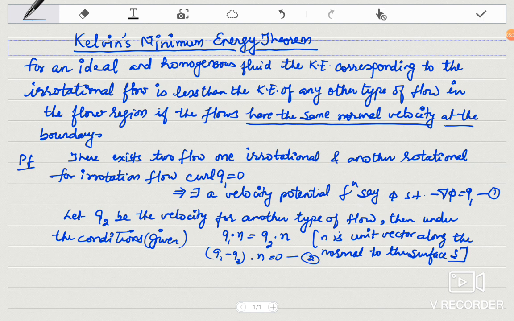And now the third one: what is the equation of continuity? These will be two equations, one for irrotational flow and one for rotational. So the equation of continuity is delta dot q1 is 0, here I put dot because both are vectors in this case.